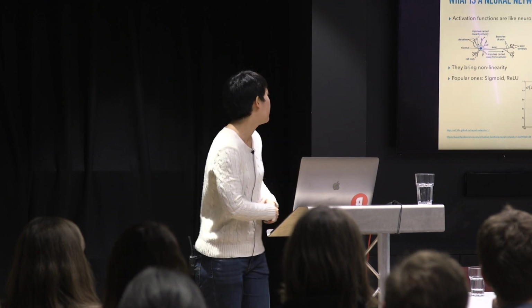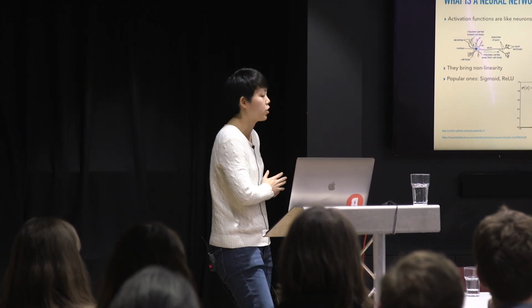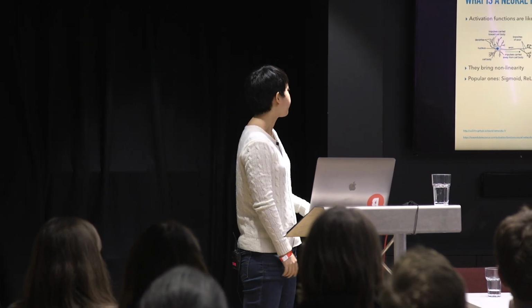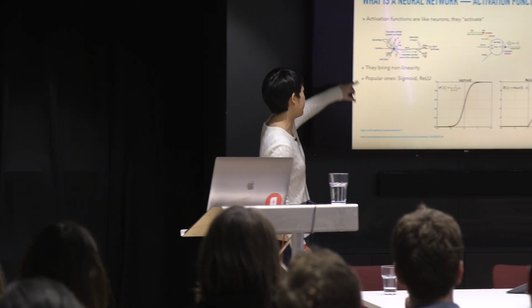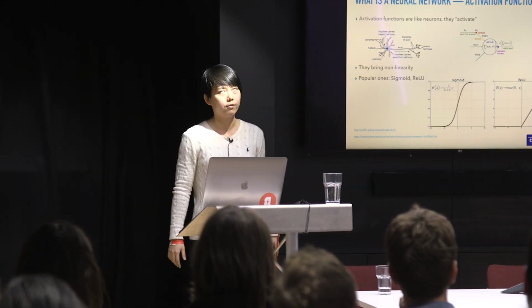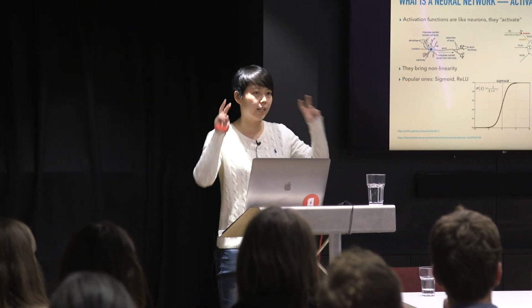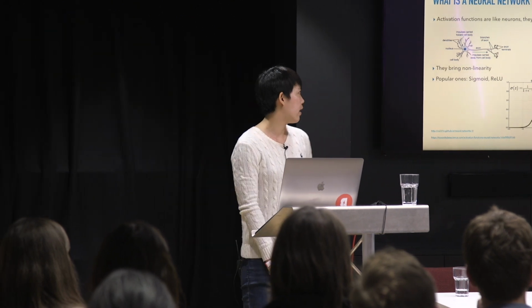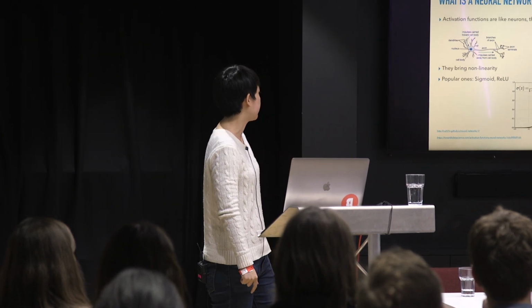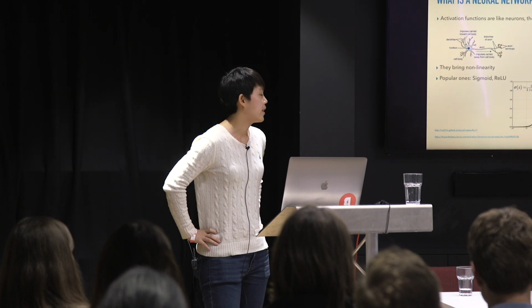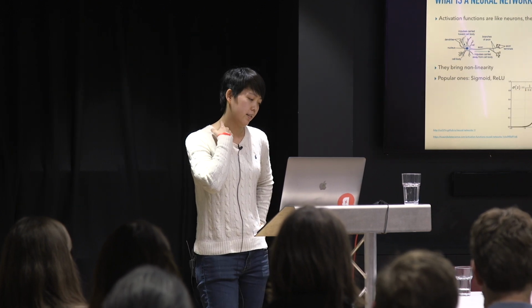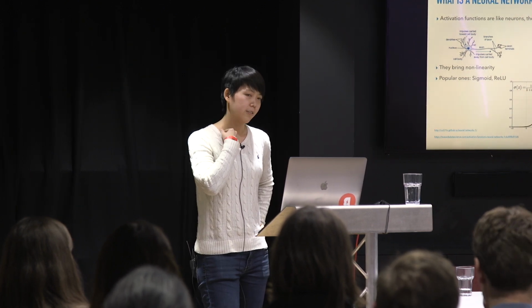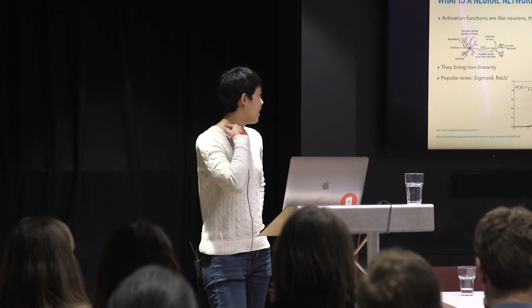But if you add some activation functions in between, then you get very nice nonlinear approximations. These graphs show how activation functions are kind of like neurons in your brain, and that's where the name comes from. But I think these days the analogy is kind of outdated, at least.